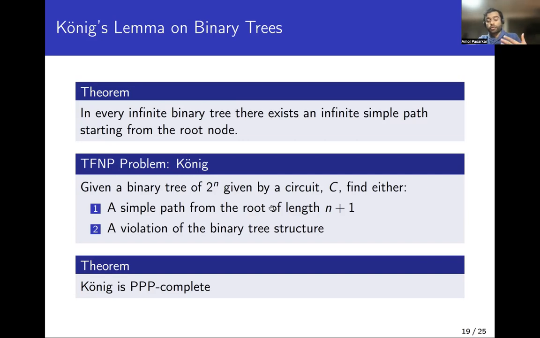The König problem considers a finite or extremal case here, wherein we have a binary tree of size 2 to the n nodes, and we're asked to find either a simple path of length n plus 1 from the root, or to find a violation of the binary tree structure. I'll note that the proof of totality I just gave should suggest that the problem belongs to PLC, which it is. But interestingly, the problem is actually PPP complete, and I'd encourage you to check the paper for the full details.